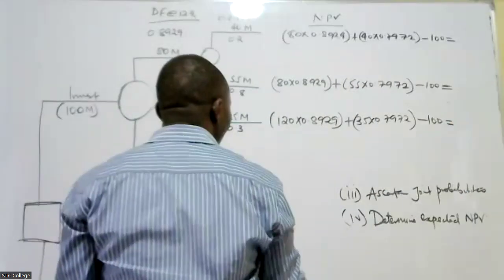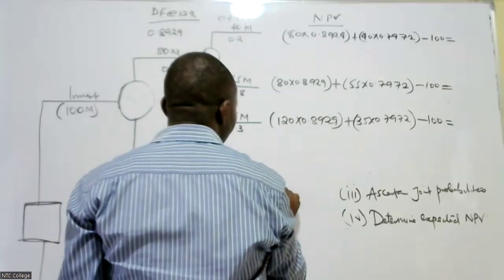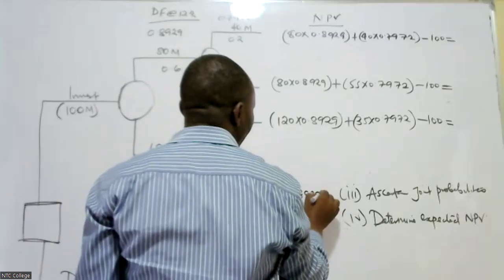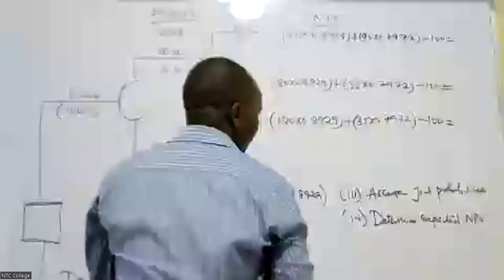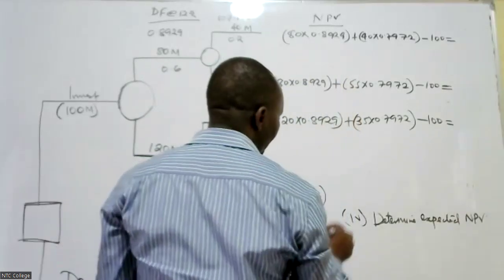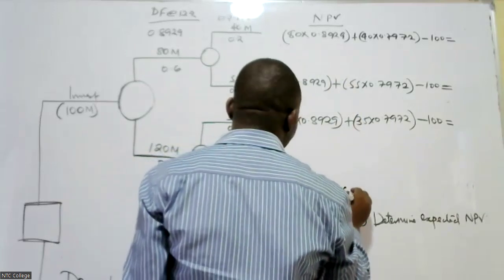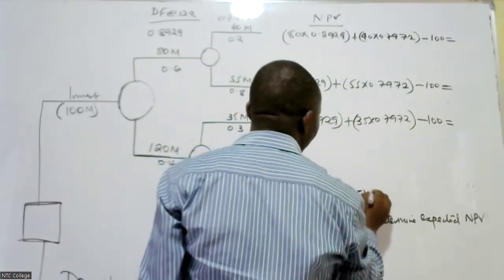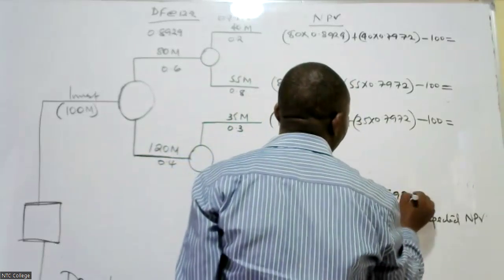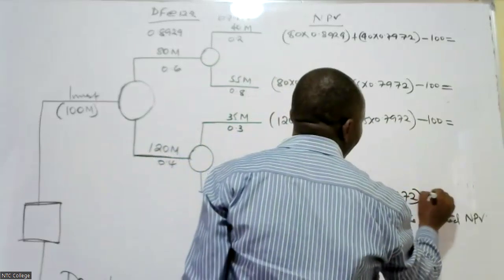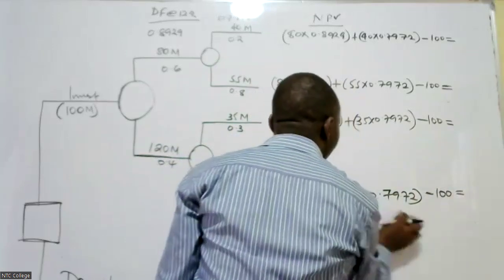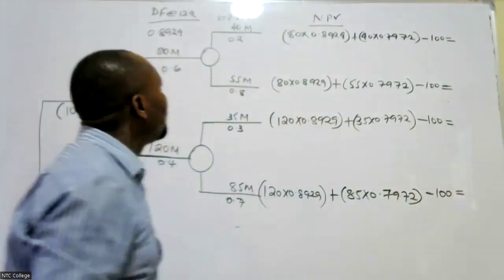Then here we also have 120 times 0.8929, plus 85 times 0.7972, minus 100. So what are the totals?